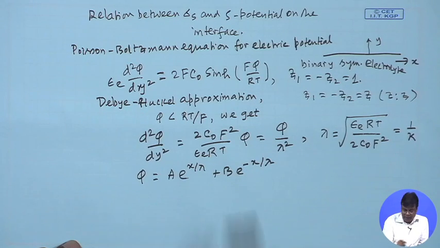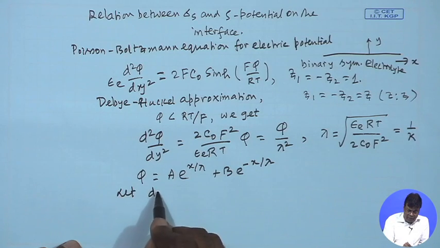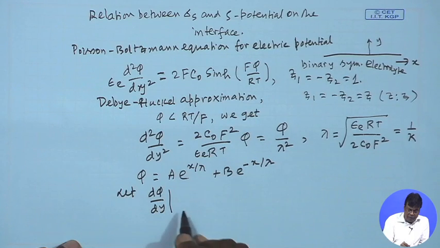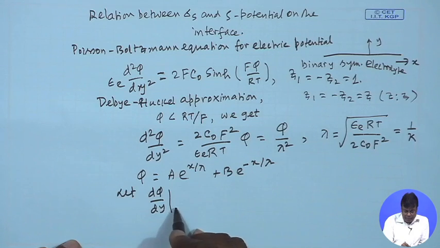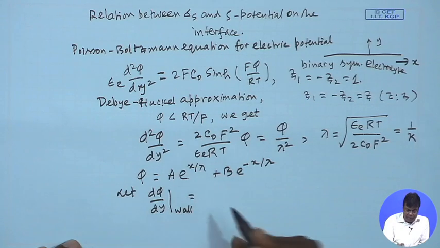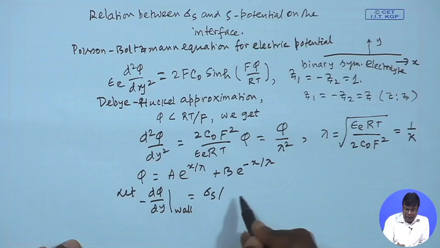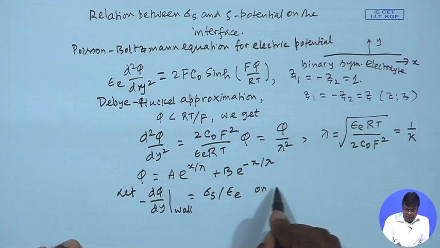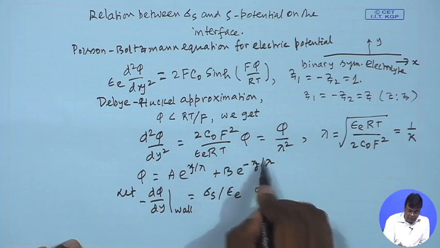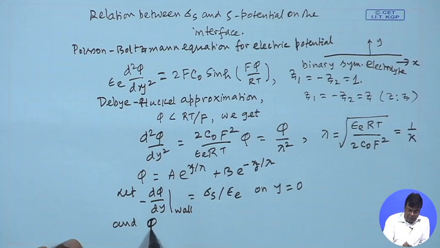Now, we have the boundary conditions: d phi by dy on the wall, at y equal to 0, is given to be minus sigma s by epsilon E, and phi, the equilibrium potential, tends to 0 as y tends to infinity.